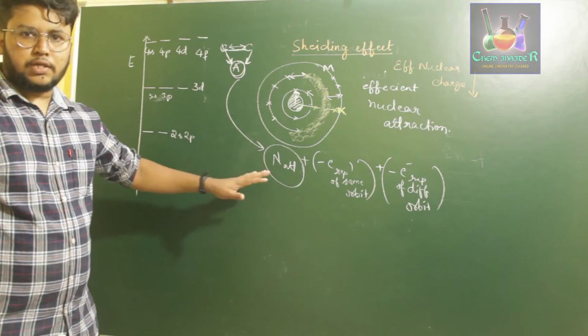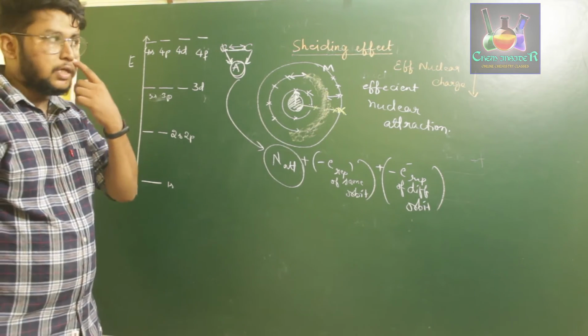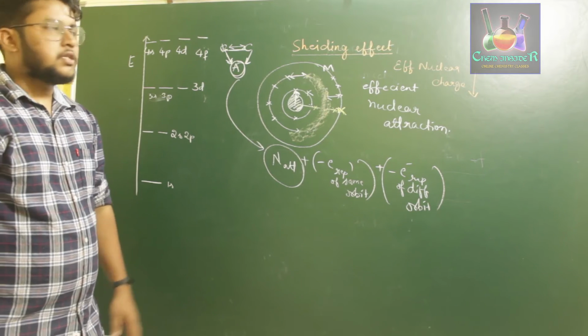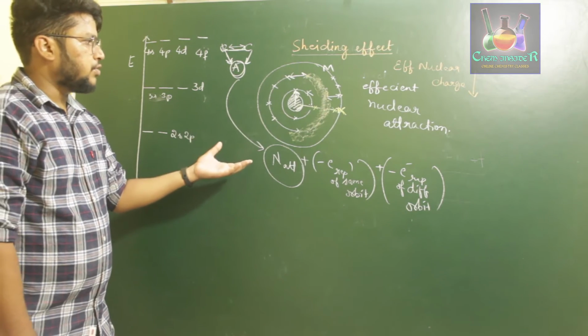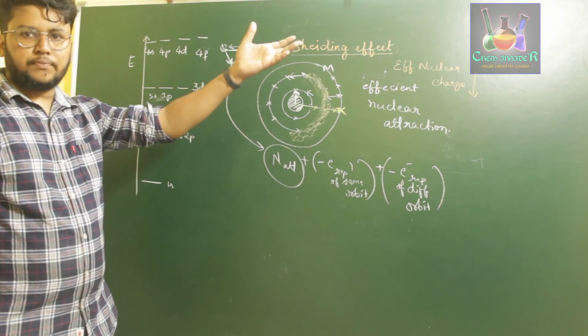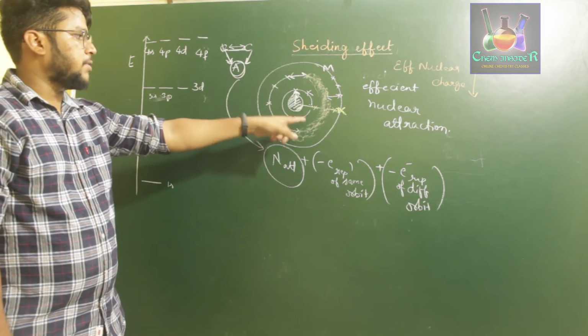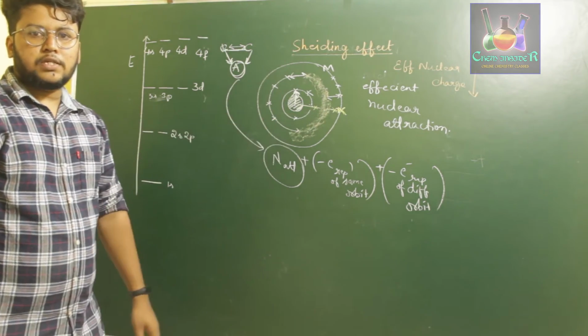I hope you are clear up to this. So with an increase in atomic number, shielding effect increases and effective nuclear charge decreases. Effective nuclear charge is the attraction of the nucleus towards the outermost electron, which is reduced by the shielding effect of the electrons present in between them.